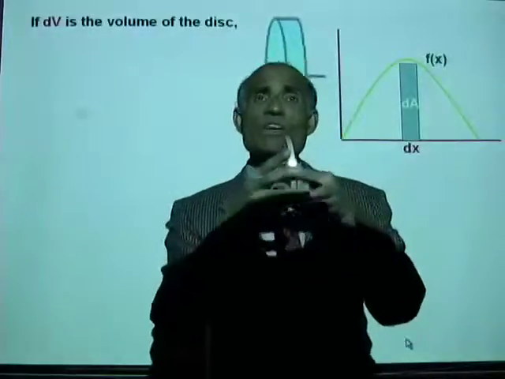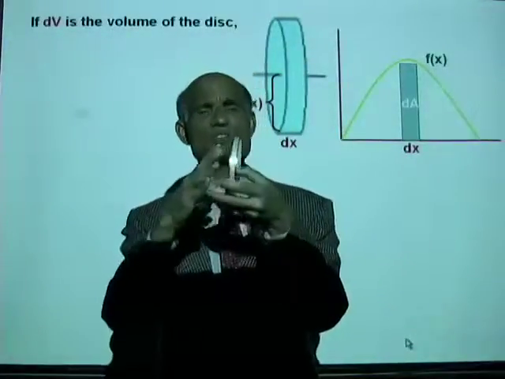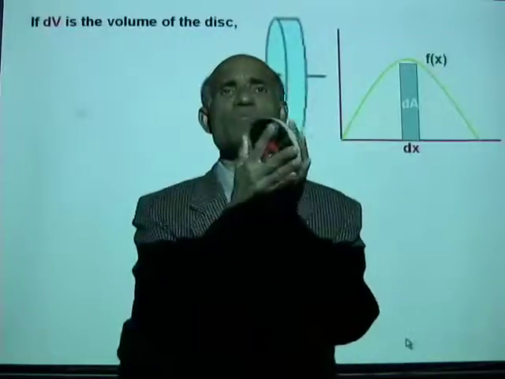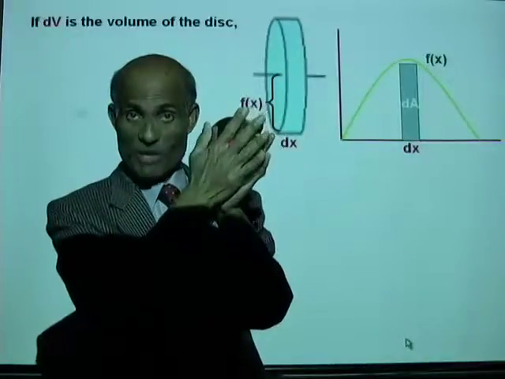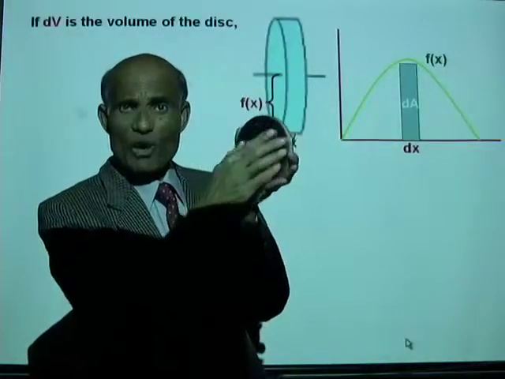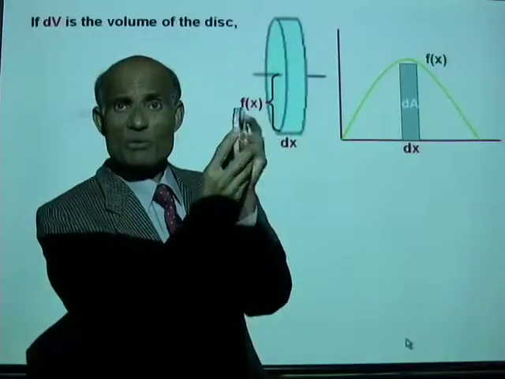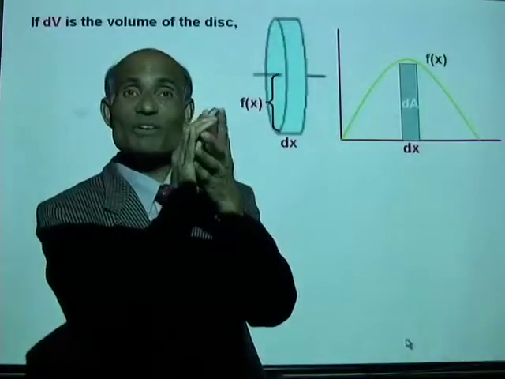Now, if we call the volume of this disk dV, can you tell me how to find the volume of a disk like this? Now remember, this is a circle, is that right? So, if you take the area of one face and multiply it with the thickness, that will give you the volume of this disk.